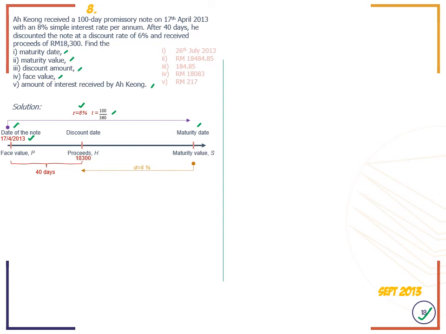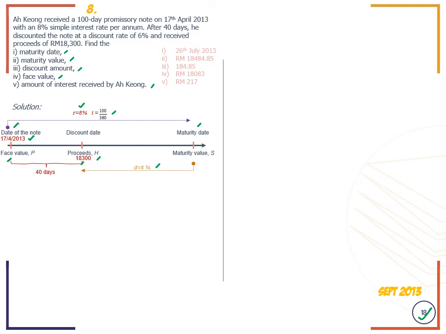Also given from the question, the amount of proceeds is equal to 18,300 and the discount rate is equal to 6%. And the length from the date of the note until the discount date is given as 40 days.